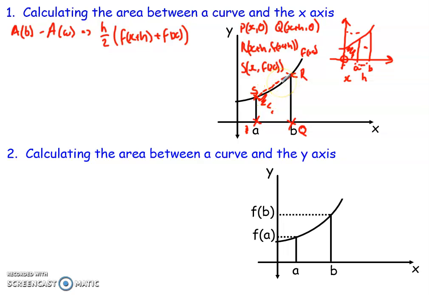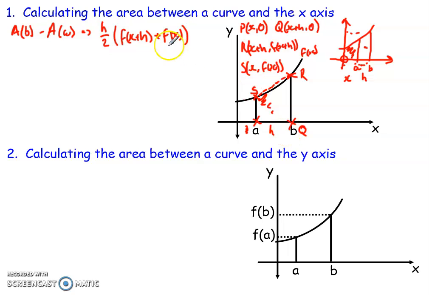We can't just say this is a trapezium because this curve here is not a straight line, so there is going to be some sort of an error that comes into play when we do the calculation. However, to make that area more and more accurate, we can divide this up and make it smaller and smaller. So we can let the h, which is the length here between the 2 points, get smaller and smaller.